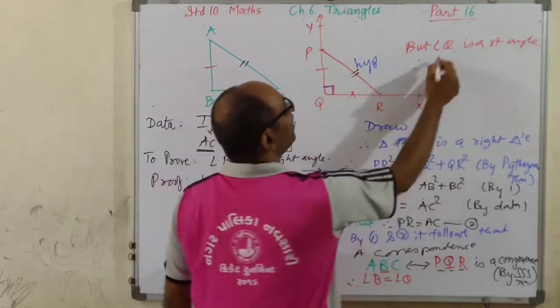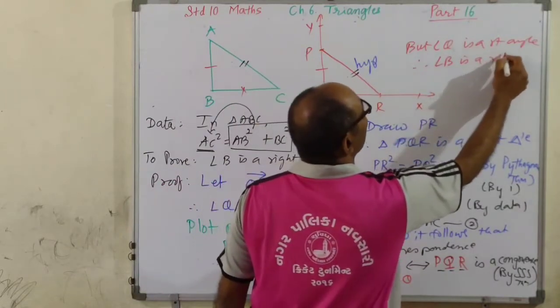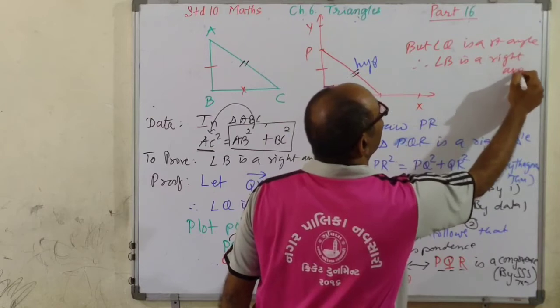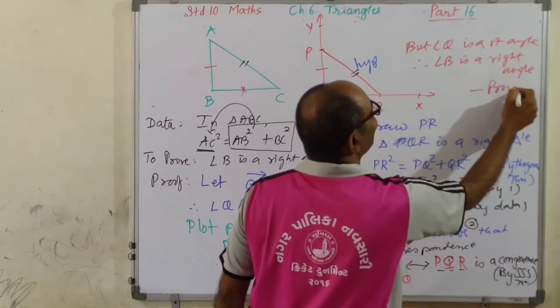Therefore, angle B is a right angle. Proved.